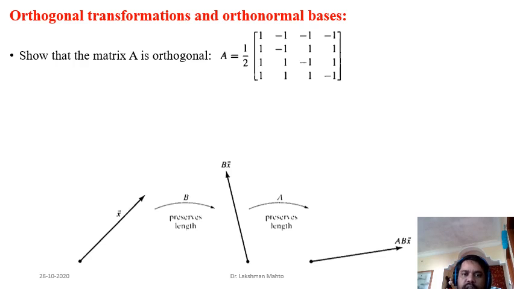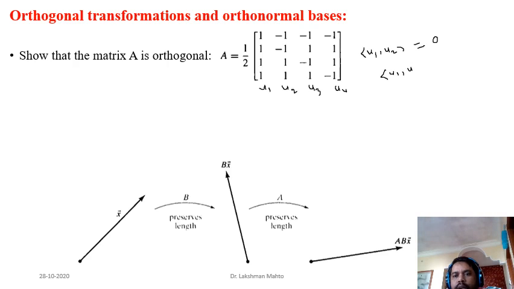To prove this, first the columns must be unit vectors, that means the norm must be 1, and second, each column must be perpendicular to the other columns. Call them u1, u2, u3, u4. This is homework: find the inner product of u1 with u2 and the others as well. Definitely the inner product would be 0.